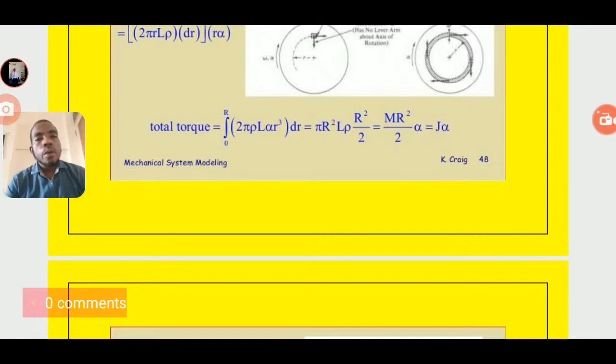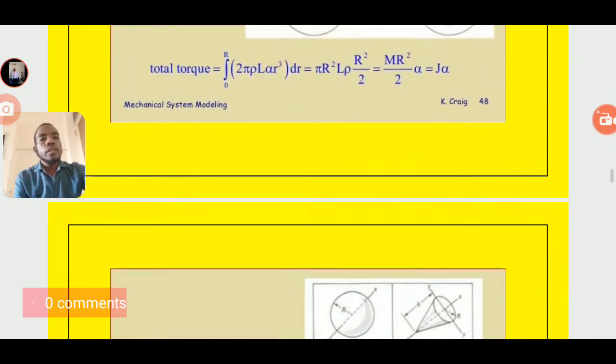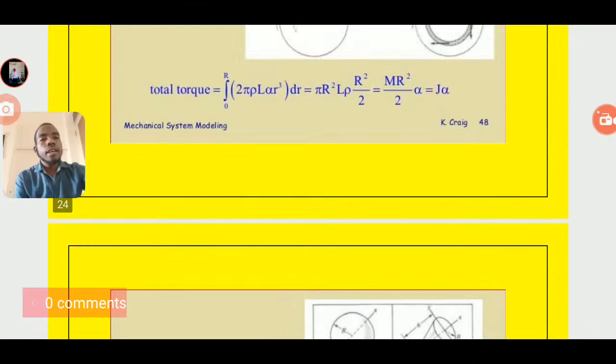Here rho is the density, L is length, alpha is angular acceleration, r is radius, T is torque, and m is the mass.